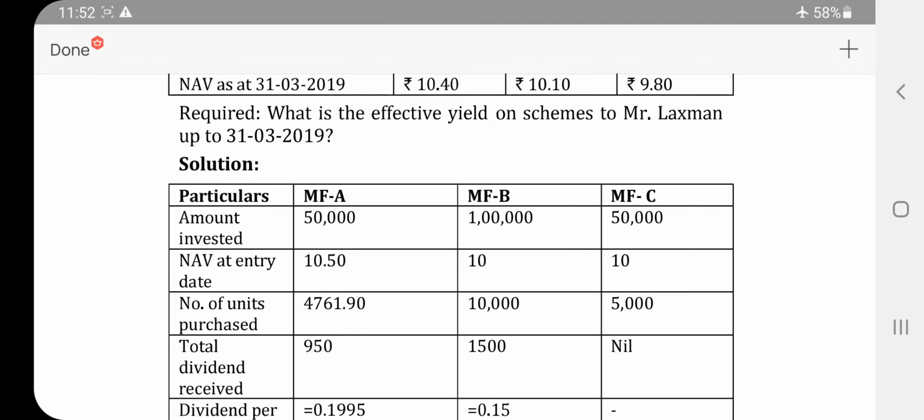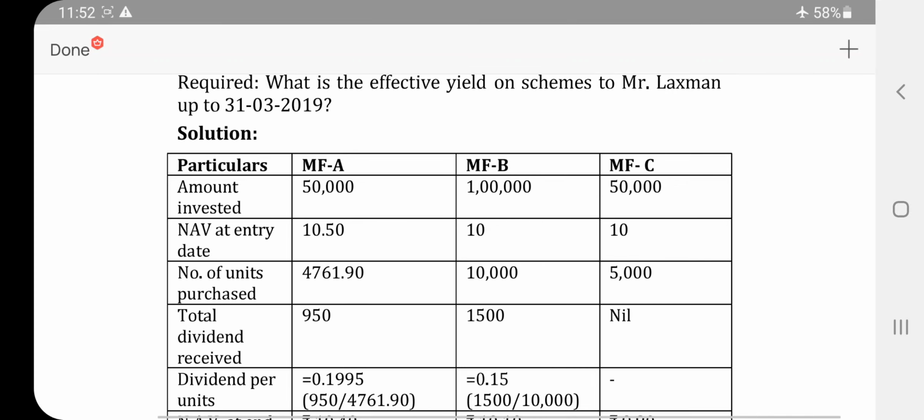Say for example 50,000 divided by 10.50 equals 4,761.90. Same way for mutual fund B, 1 lakh divided by 10, you will get number of units purchased 10,000. 50,000 divided by 10, 5,000. That is what we call number of units purchased.